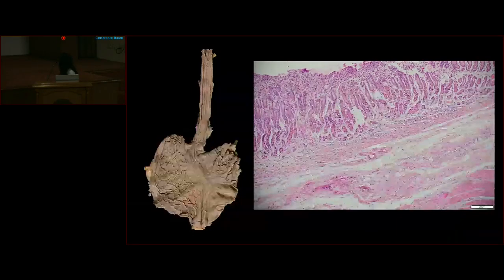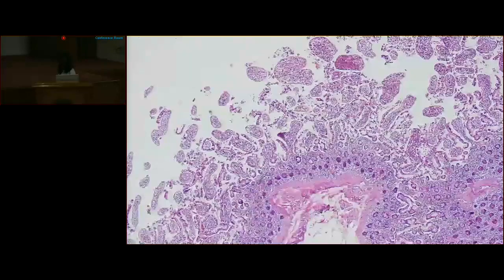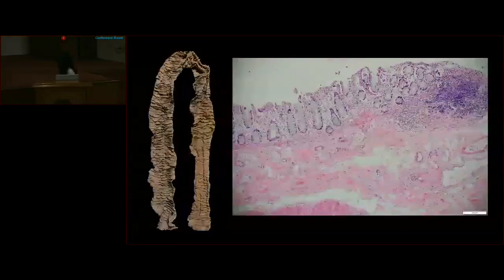However, on microscopy, we found chronic superficial gastritis. The small intestine grossly did show diffuse discoloration superficially, which was further confirmed on microscopy as mucosal ischemia. The colon did not show any abnormality grossly, but on microscopy we did find submucosal fibrosis.